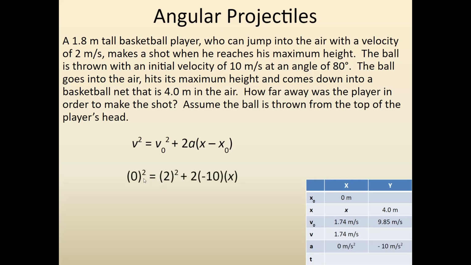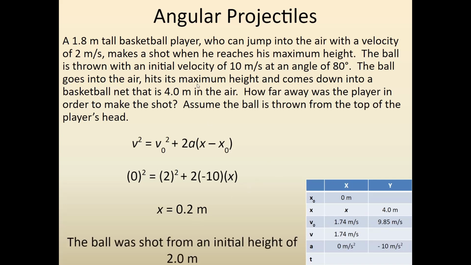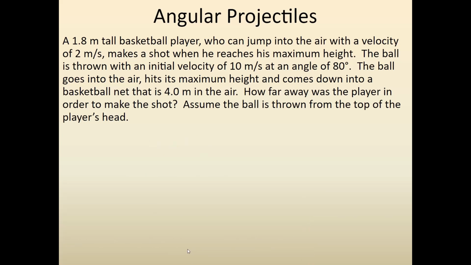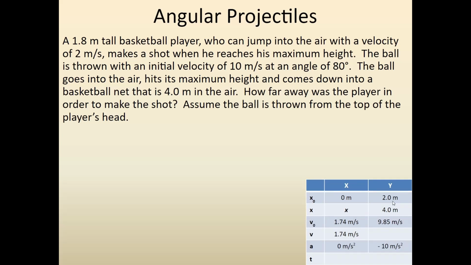So using that information, I know that his velocity when he reaches the max height is 0, and his initial velocity is 2. Using the kinematic equation for x, we find that he jumps up a total distance of 0.2 meters. Now this, combined with his height of 1.8 meters and the fact that it's being thrown from the top of his head, means that the ball was shot from a height of 2 meters. Now, once I have that 2 meters, I can continue on with the rest of the problem.